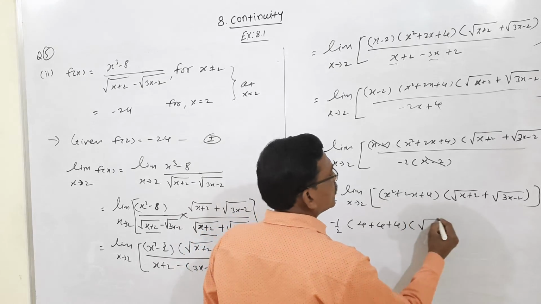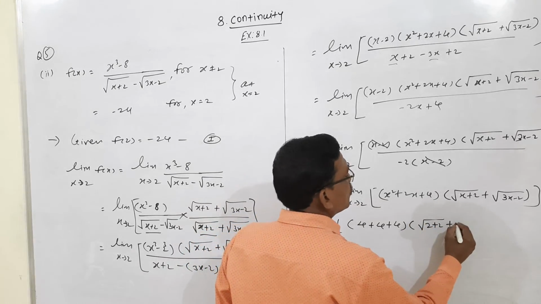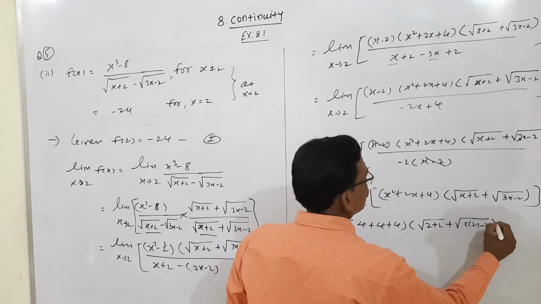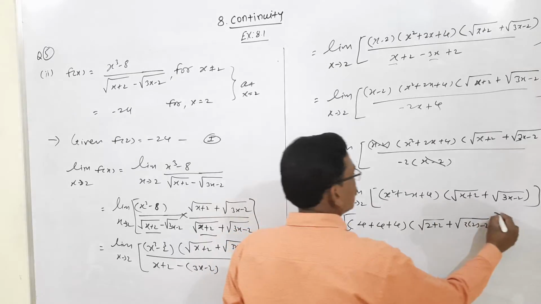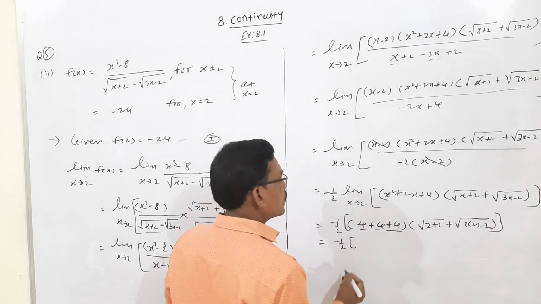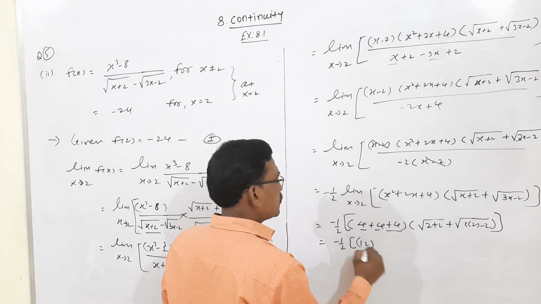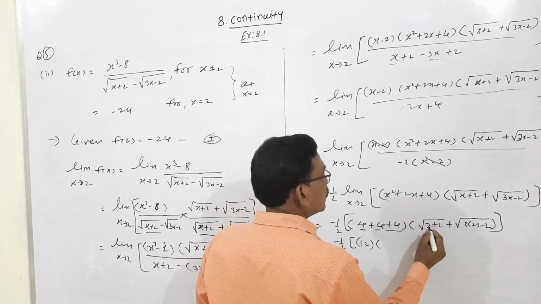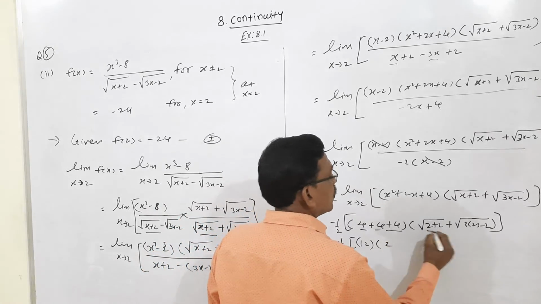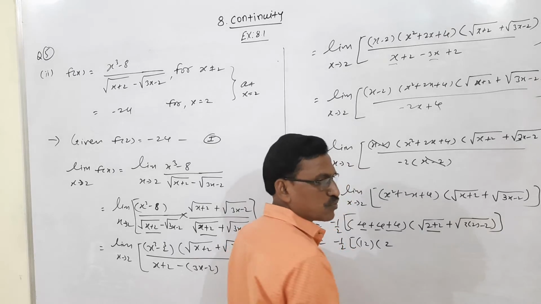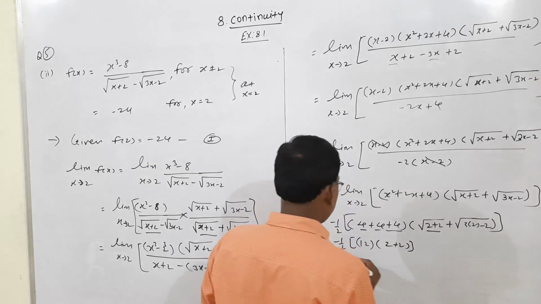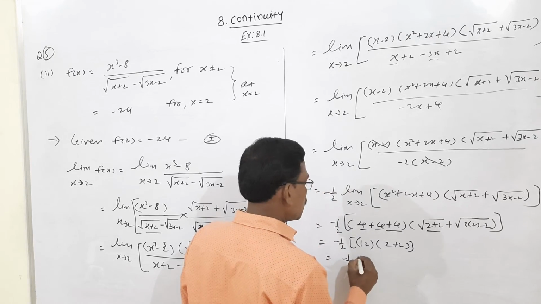And here it is root of 2 plus 2 plus root of 3 into 2 minus 2, with minus 1 by 2 in front. 4 plus 4 plus 4 is 12. 2 plus 2 is 4, and the square root of 4 is 2. And 3 times 2 minus 2 is 4, and again the square root of 4 is 2. So it is equal to minus 1 by 2.